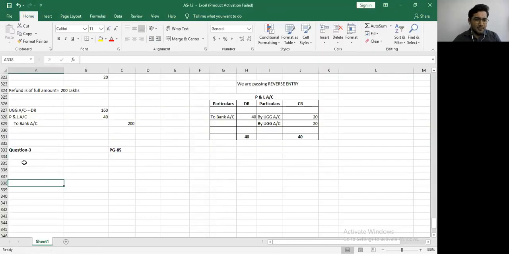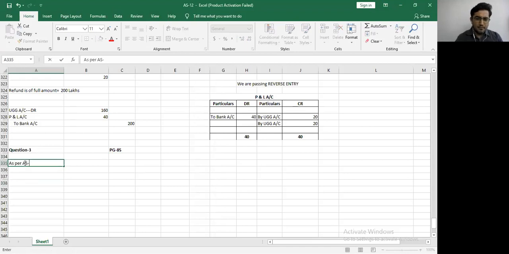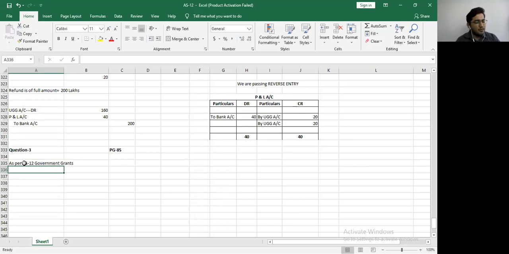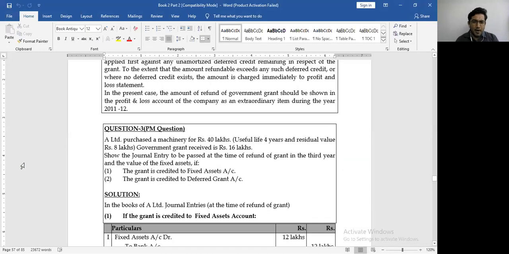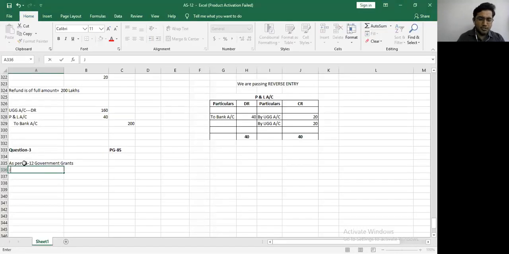What do we have to do? Pass journal entry and show the value of the fixed asset. So let's put journal entries.